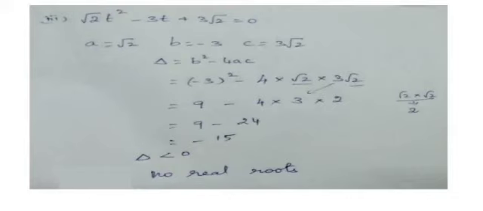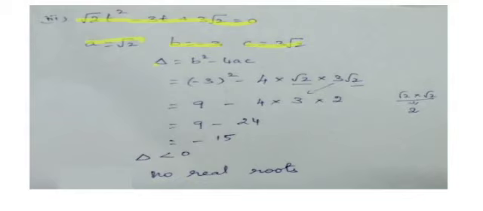Square root of 2 t square minus 3t plus 3 root 2 is equal to 0. So this is the quadratic equation. In this, the a value is square root of 2, the b value is minus 3, and the c value is 3 square root of 2.